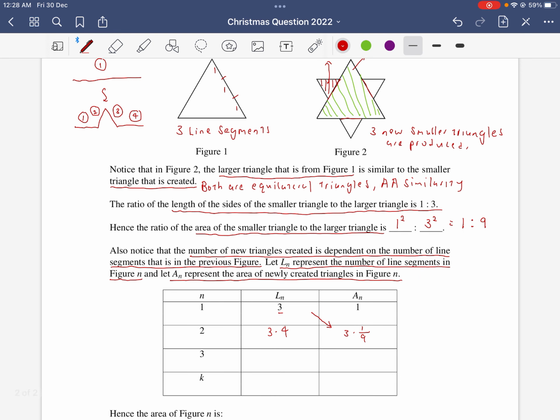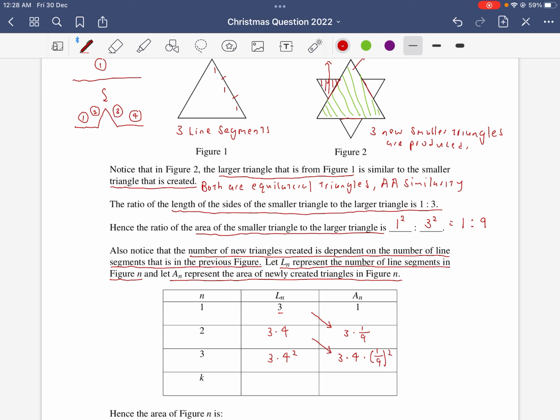In n equal to 3, it's just going to be 3 times 4, and then we will times 4 again because now there are 12 line segments. Each line segment is going to produce 4 new line segments. So it's going to be 3 times 4 squared. And naturally, the area of the newly created triangles is just going to be 3 times 4 times 1 over 9 squared.